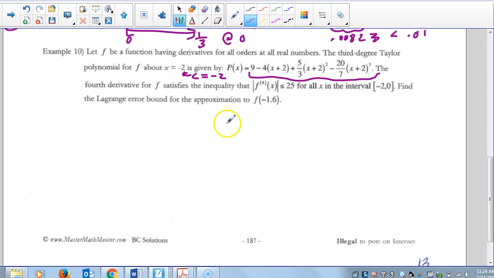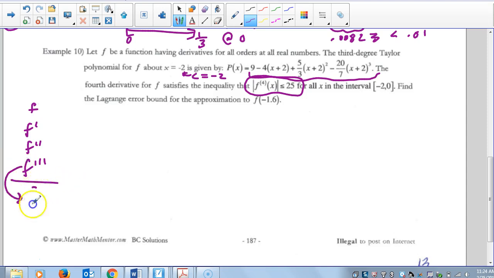They tell me the 4th derivative gives you this for all x. So they're telling you, you've done f, you've done f prime, you've done f double prime, you've done f triple prime. You're stopping at triple prime. And they're saying that in doing this, you get f4.